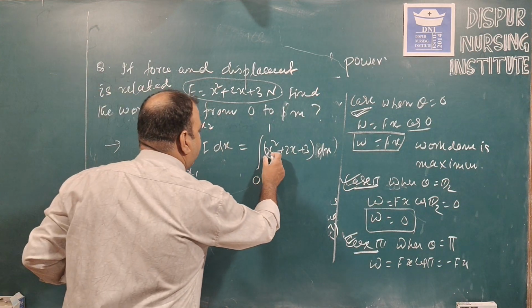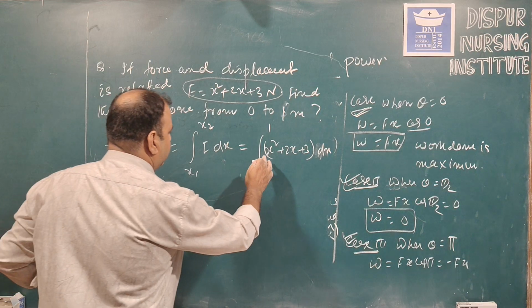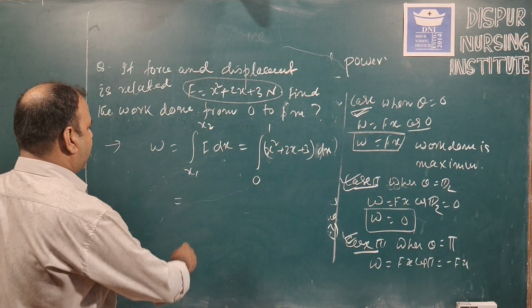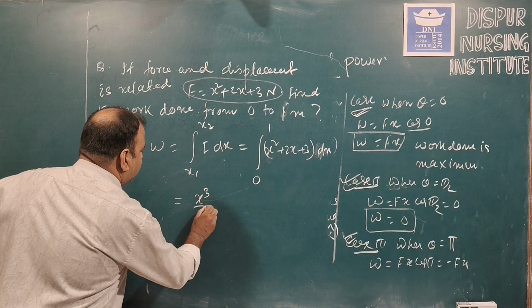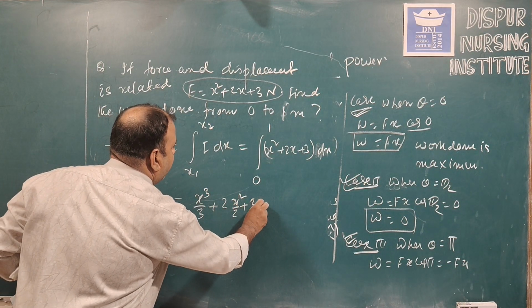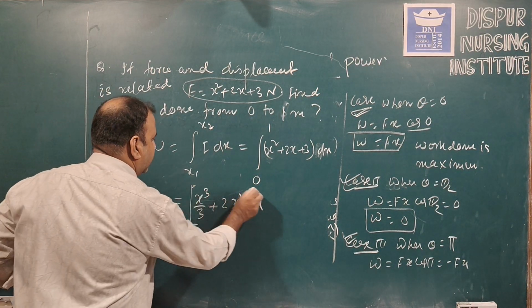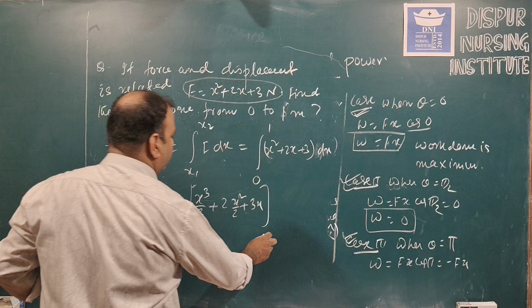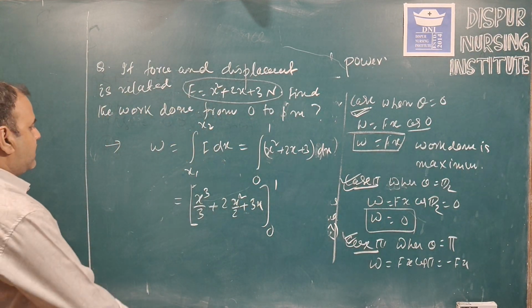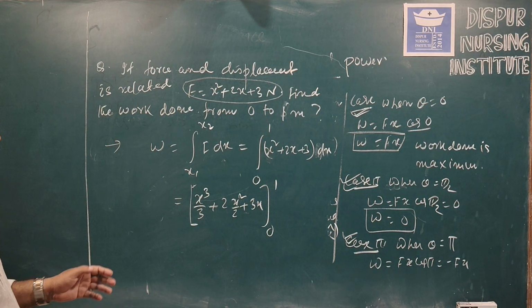So I will write the answer directly. After integration, we can write x cube by 3 plus 2x square by 2 plus 3x. So after integration you will get this result. Here the limits are 0 and 1, where 1 is the upper limit and 0 is the lower limit.